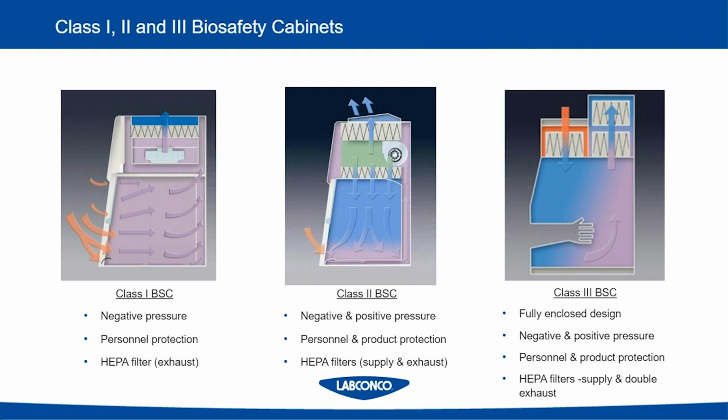They have a supply HEPA filter with air coming in through the top of the unit to protect the product. And then they have two exhaust filters going out of the box as well. They typically have an antechamber that can be sterilized or some sort of a dump tank, so that all products going in or out of the glove box must pass through a disinfectant before being taken in or out.